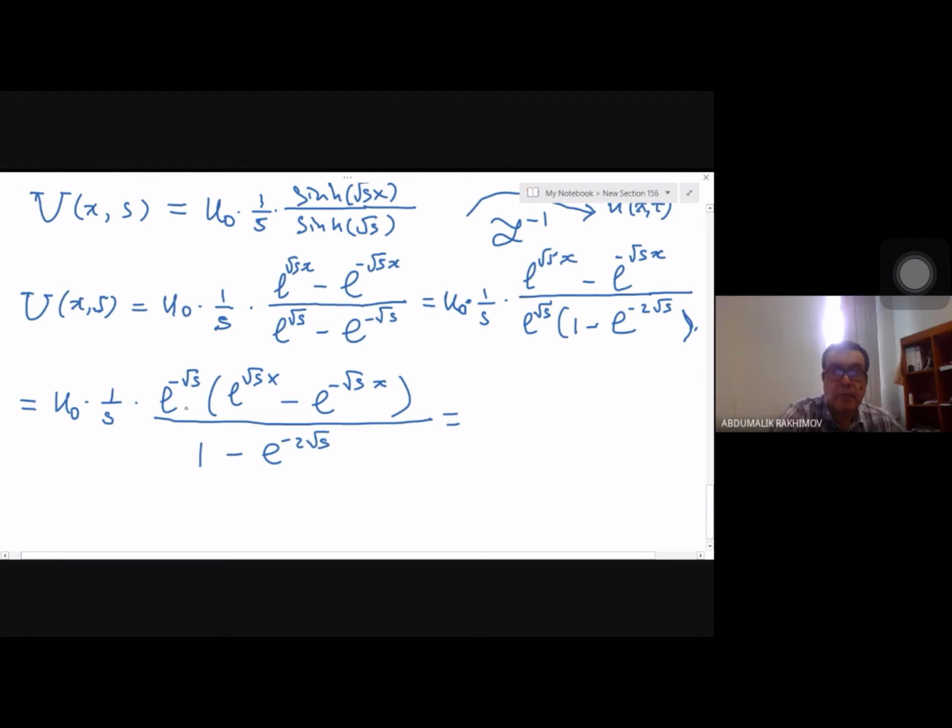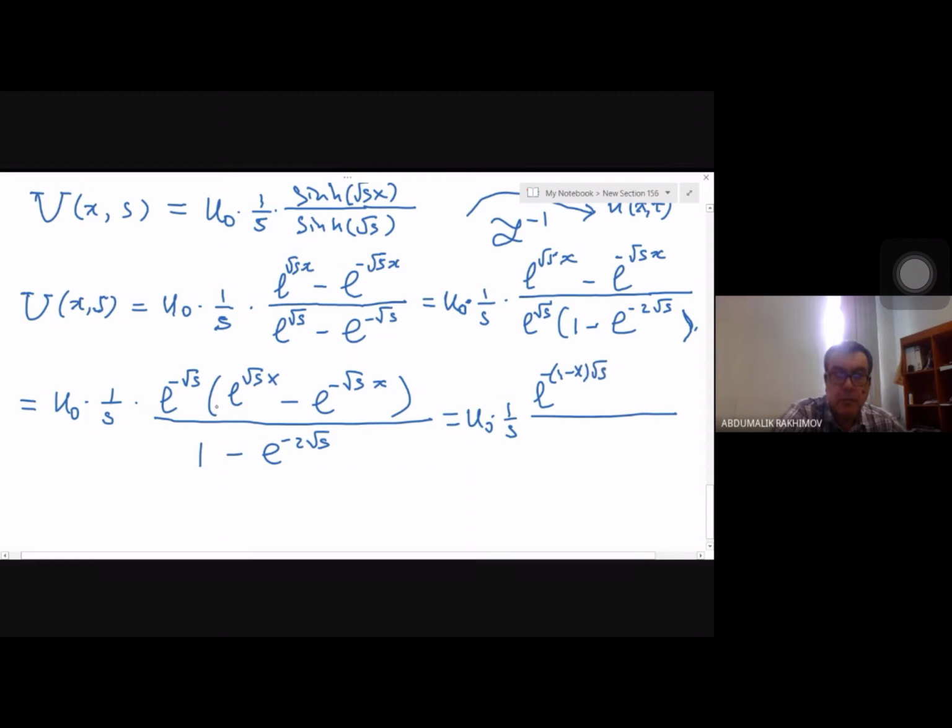Then I can bring this exponent inside the bracket, and I can write: u0, 1 over s, exponent root of s. First one: 1 minus x, root of s.